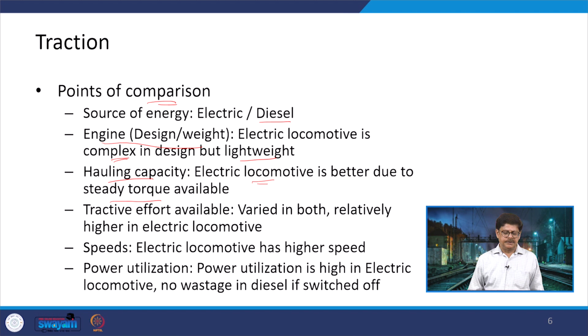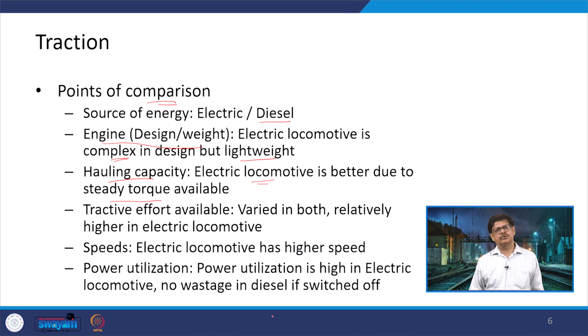The tractive effort available. Of course, there are different levels of tractive effort available in diesel as well as electric locomotives. If you remember, we talked about the nomenclature of the locomotives, and there we said that it can be WAG. When we say WAG, W was for broad gauge, A was for electric traction, AC traction, and G was for goods.